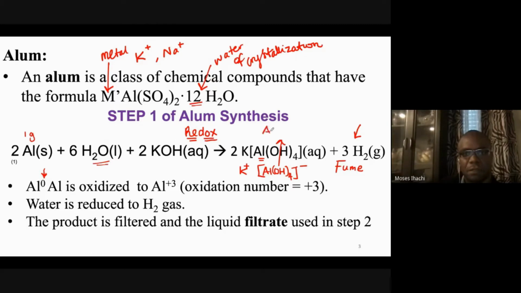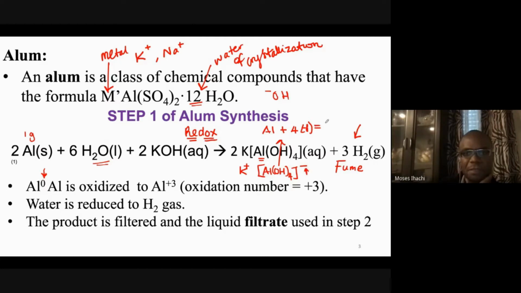We don't know the charge of aluminum, but we do know that each OH has a charge of -1. Hydroxide is a polyatomic anion with a charge of -1, and we have 4 of them, so I multiply by -1 because we have 4 OHs. Overall, the formula has a charge of -1.